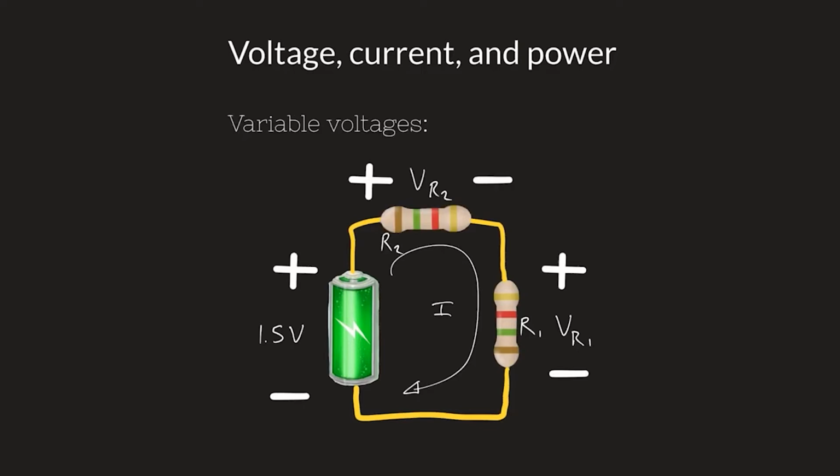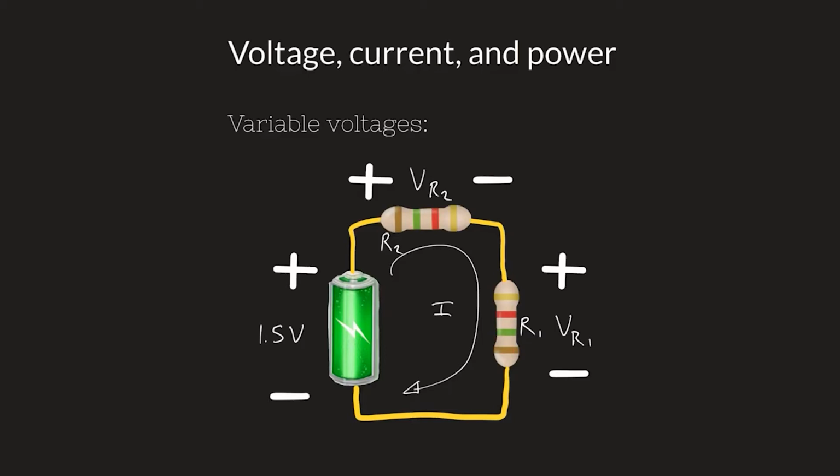So now if you add a resistor, you have multiple resistors, then you have a variable voltage. You have voltages that change and current that changes with those voltages. And the way that these are all variable is through the resistances.